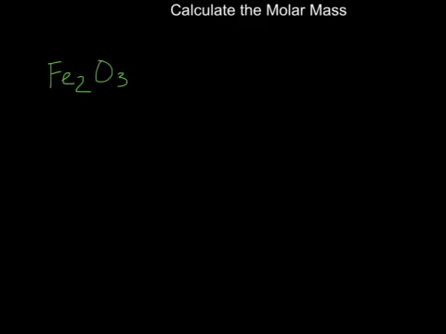For iron oxide, iron and oxygen. Iron has a mass number of 56, oxygen of 16.